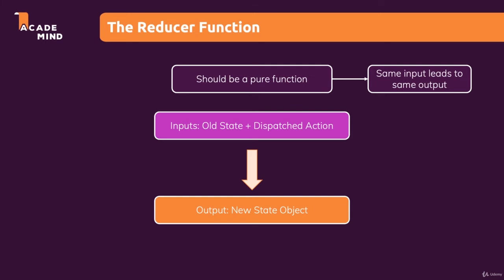So you must not send an HTTP request or write something to local storage or fetch something from local storage there. Instead, a reducer should really just be a function that takes the given inputs, which are provided by Redux, and then produces the expected output, a new state object.